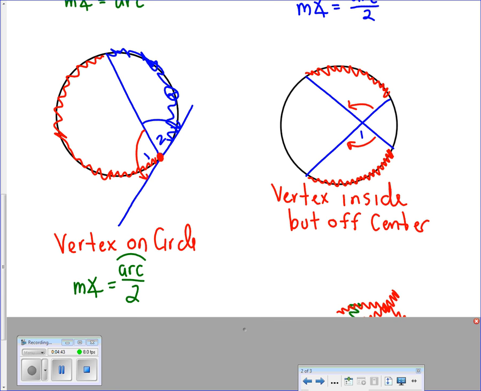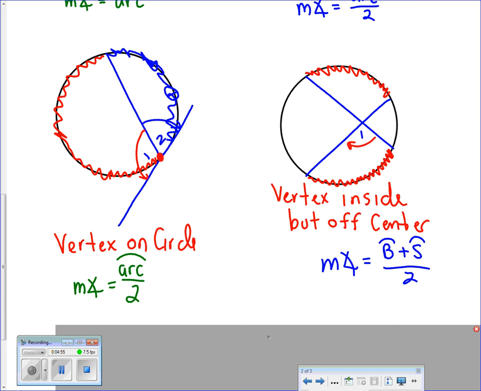They're both the same angle size, but they cut different size arcs. And so there's this relationship between angle 1 and those two arcs. That relationship is that angle 1 is equal to the big arc plus the small arc divided by 2.